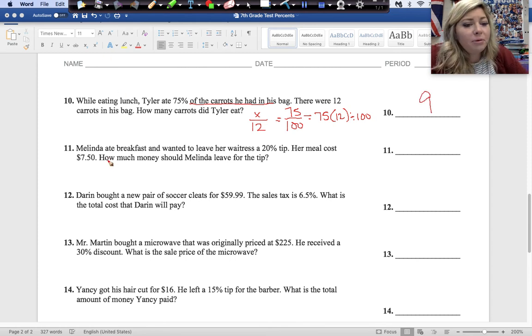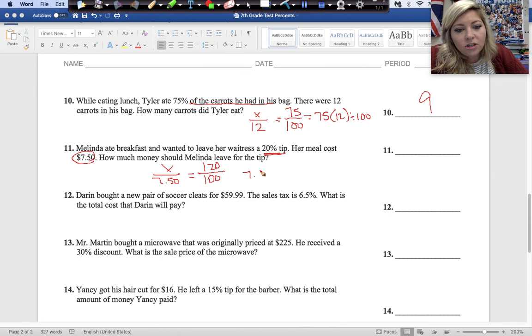Okay, number 11, Melinda ate breakfast and wanted to leave her waitress 20% tip. Anytime we have tip, sales tax, or markup, you add that number to 100. So 20% plus 100 is 120%. That goes over 100. Okay, and then our $7.50 is how much our meal costs, so that goes on the bottom.